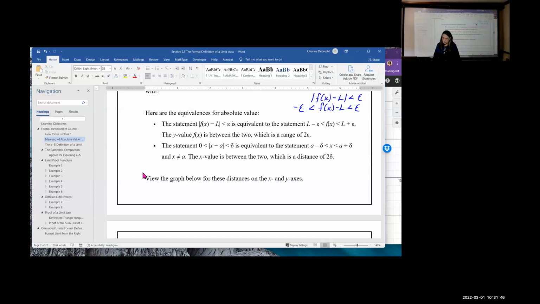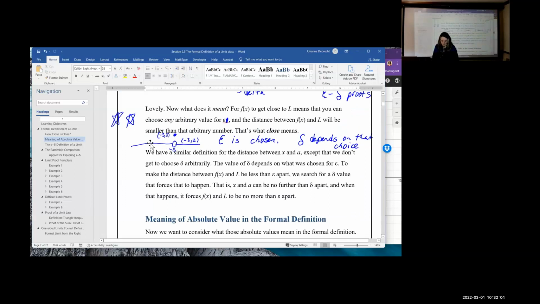And then if we solve for f of x, we add L to each of the 3 parts, and we end up with this expression right here: L minus epsilon is less than f of x, which is less than L plus epsilon. Now on the picture, what that looks like over here is that we've got L at 2, and then we've got L plus epsilon and L minus epsilon, where epsilon is this tiny little amount.